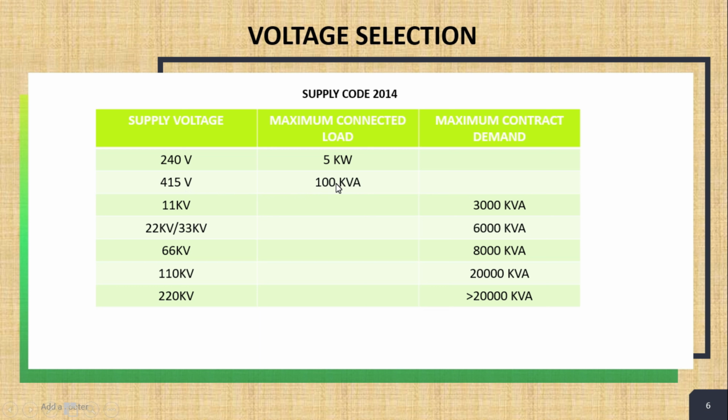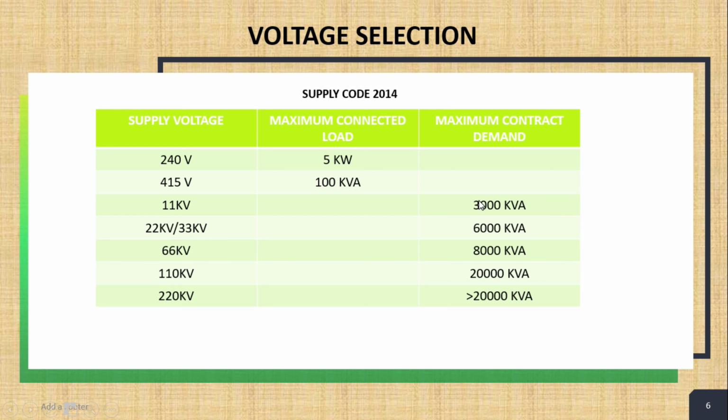And if the maximum demand is between 100 kVA and 3000 kVA, we'll go for 11 kV, which means that we have to install a transformer if the load lies between 100 kVA and 3000 kVA.